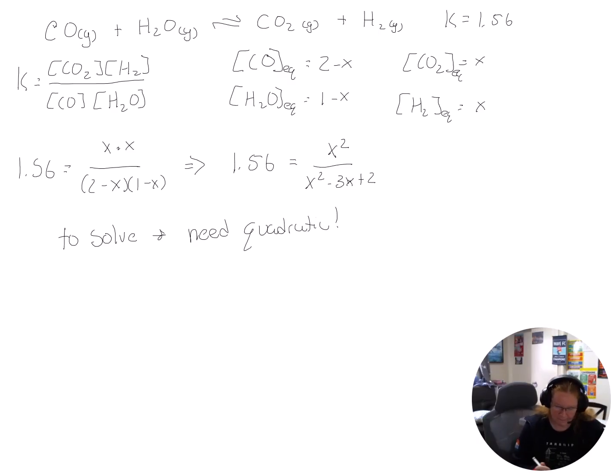Okay? But what happens if X is small? Can we get away with not having to solve a quadratic if X is small? Well, let's see. So small K, remember, is less than 10 to the negative third.